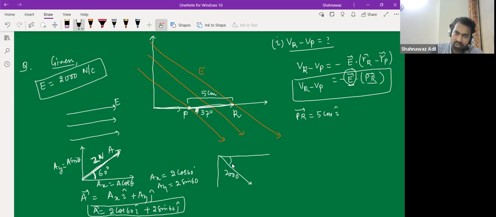And this is 37 degree. So what would be the electric field vector? This is X and this is Y. So what would be the electric field vector?